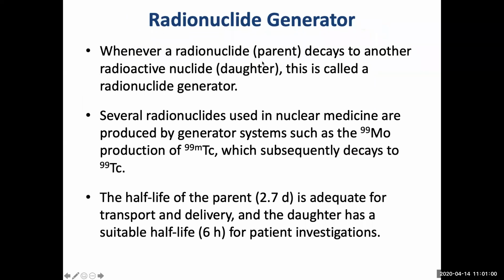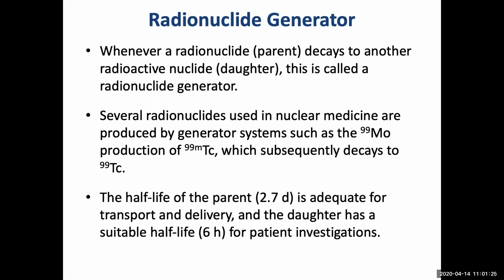Whenever a radionuclide parent decays to another radioactive nuclide daughter, this is called a radionuclide generator. Several radionuclides used in nuclear medicine are produced by generator systems, such as molybdenum-99 for the production of technetium-99, and also germanium-68 for the production of gallium-68, used in positron emission tomography.